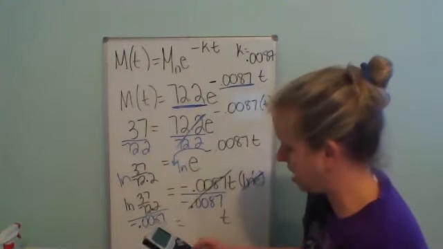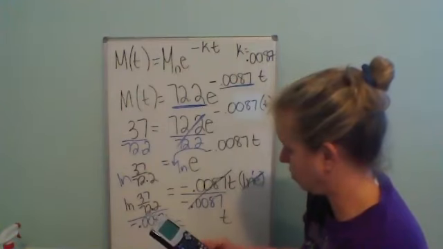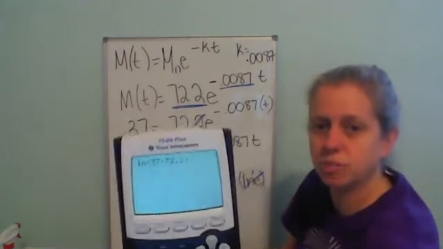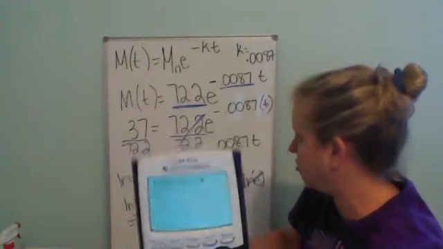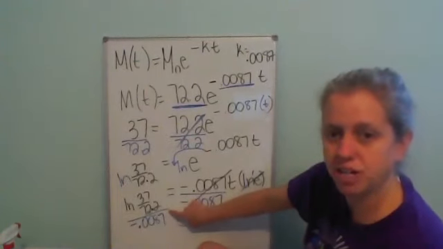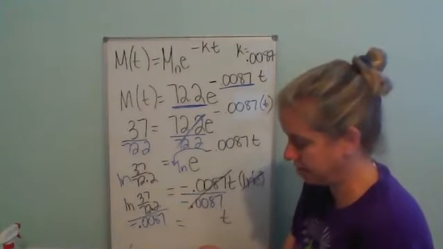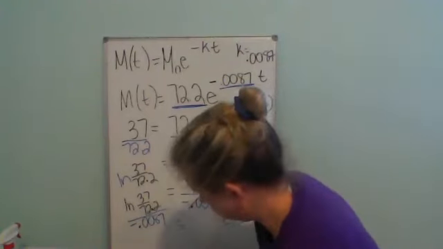So I need ln, then 37 over 72.2, close. Then I'm going to divide by negative 0.0087. Uh-oh. What did I do wrong?